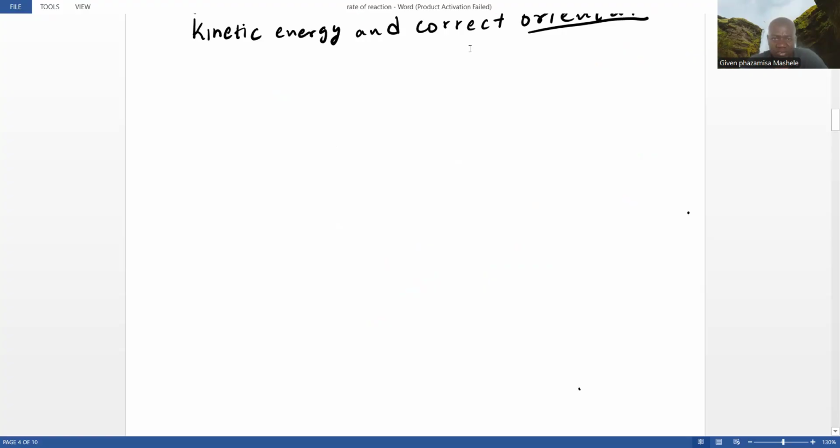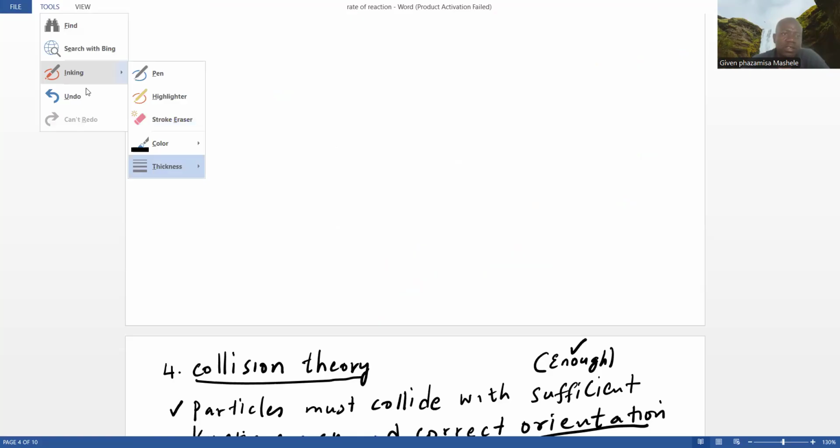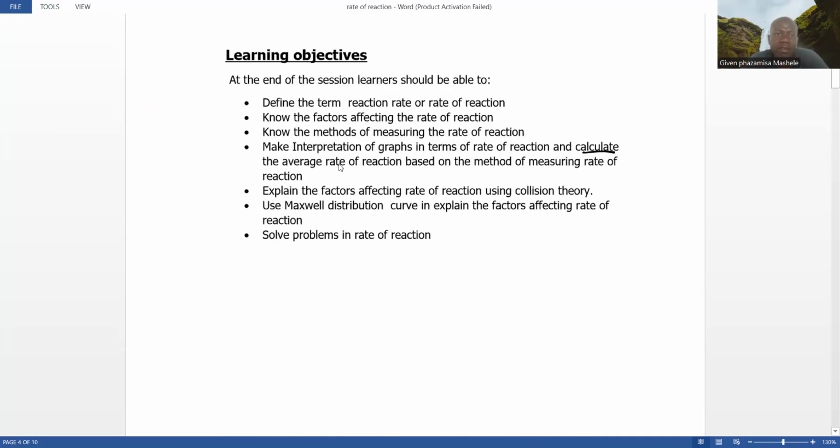Then again, we also went through the methods of measuring rate of reaction, where we said we can measure the rate of reaction by looking at the volume of the gas produced, and also the change in volume of gas produced, and also the change in mass of the reacting substance.